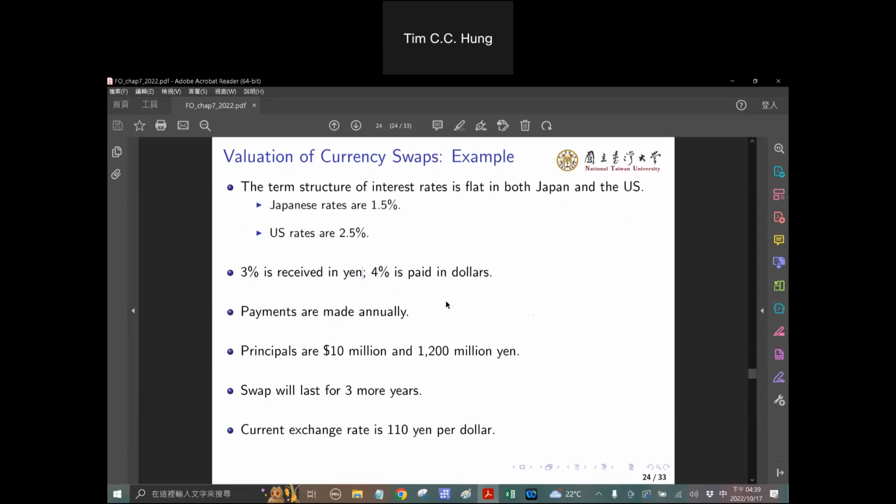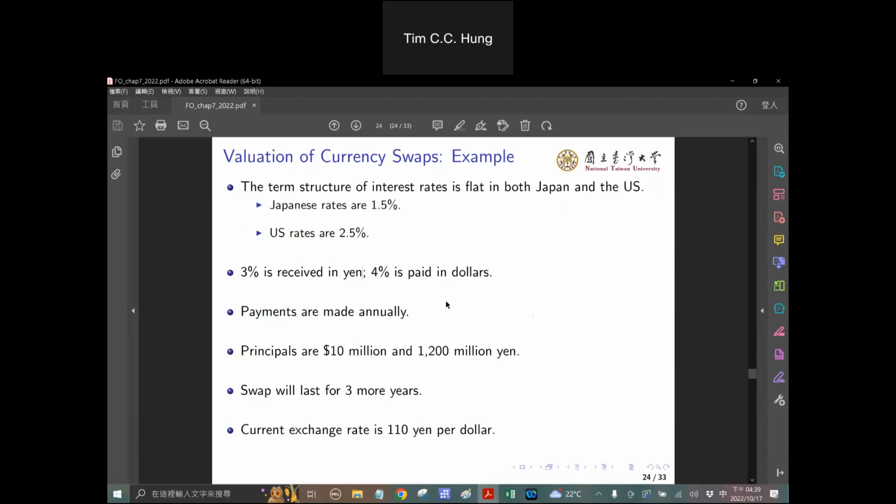And then every year we are going to pay out 4% of the US dollars. 4% of the $10 million is negative $0.4 million every year. Year 1, year 2, year 3, up to T, that's the last period.